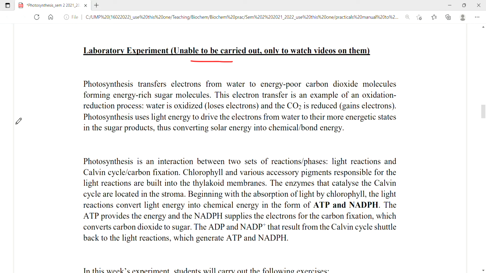With PS2 and PS1, there will be electron transfers, moving the electron along the carriers until it reaches water, and water gets oxidized.